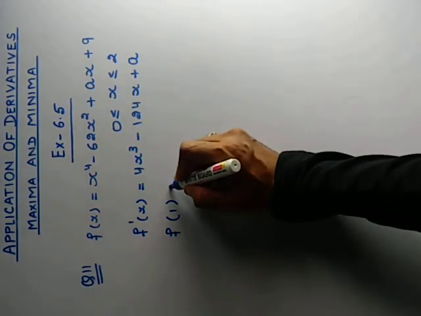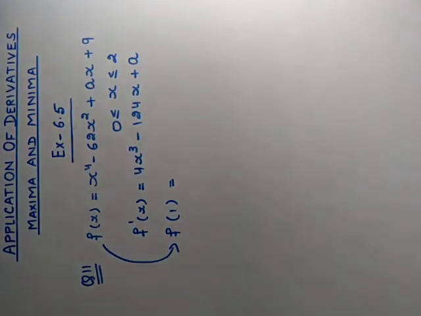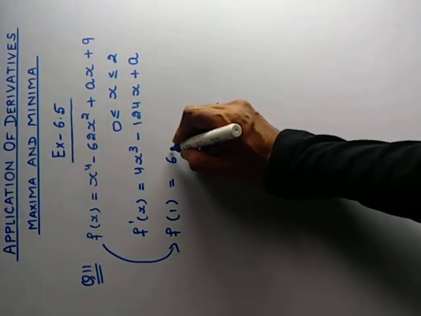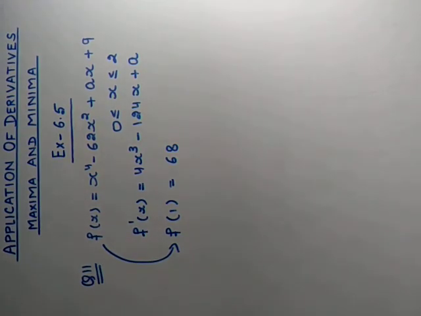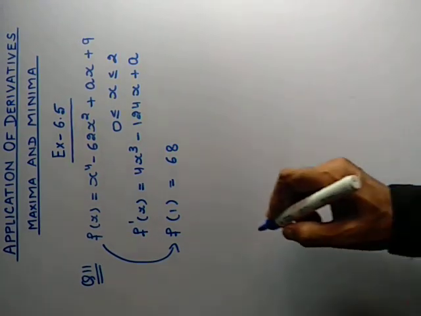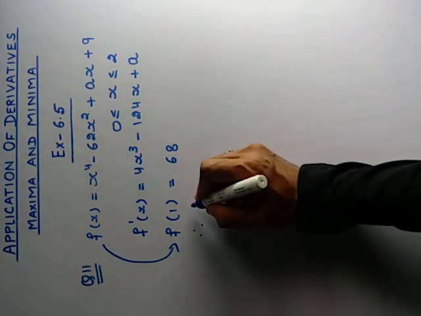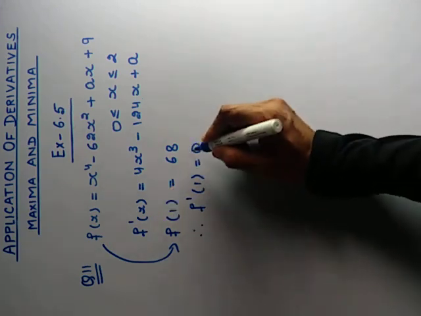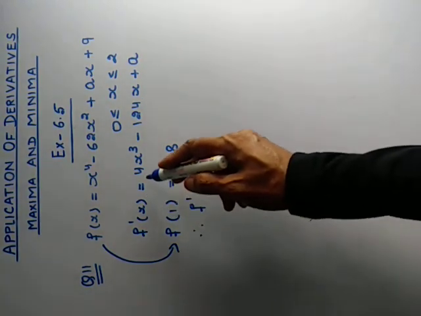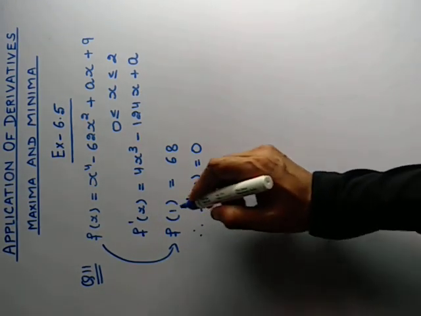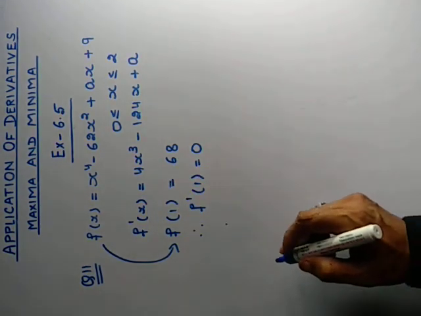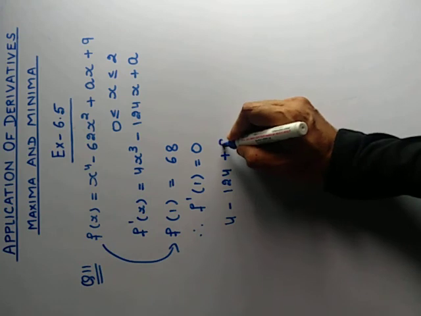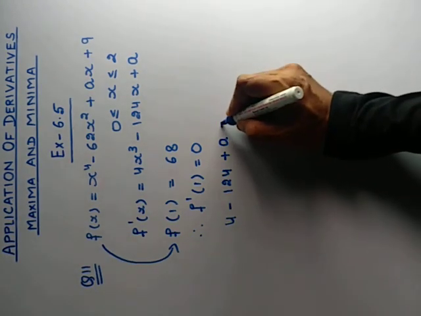So f(1), putting x equals 1 in the given function, will be 68. Therefore f dash 1 equals 0. Putting x equals 1, it will be 4 minus 124 plus a equals 0.